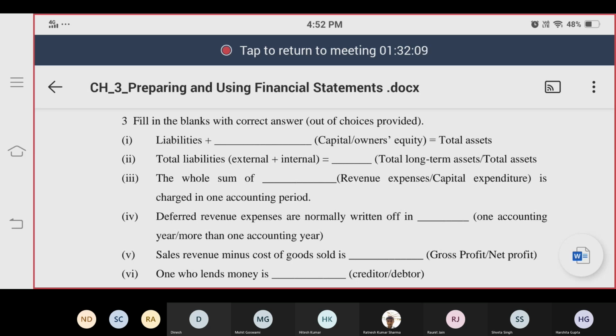But liabilities, you may remember when we looked at the balance sheet equation, we split it into two. One was internal liability, one was external liability. Yes, ma'am. Remember the balance sheet equation that we have just done? Yes, ma'am. So what was that equation?